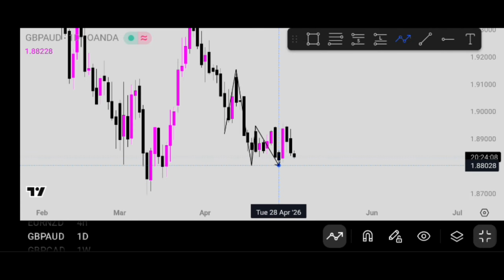Then we get this high, which blocks structure to the upside.